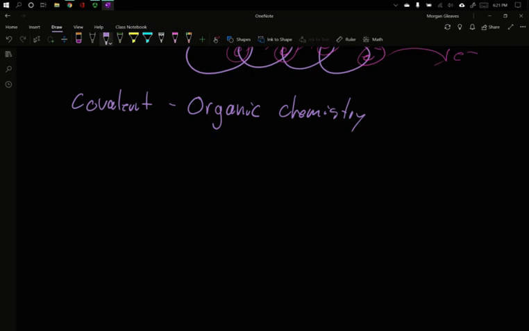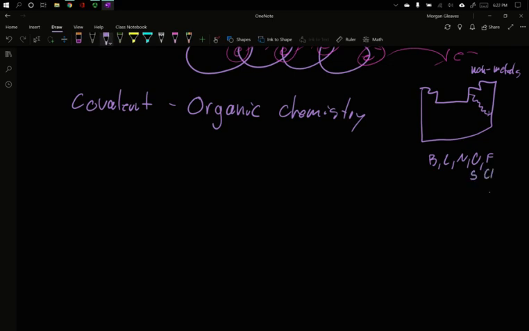Covalent happens with elements in the upper right of the periodic table. So think about the periodic table. This section over here. This is the upper right. These are the non-metals. So these are elements like boron, carbon, nitrogen, oxygen, fluorine, and then down their columns.